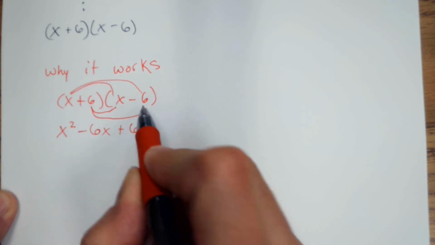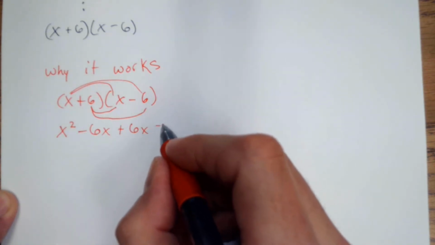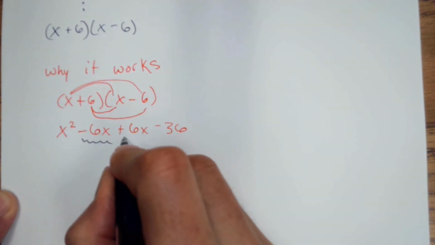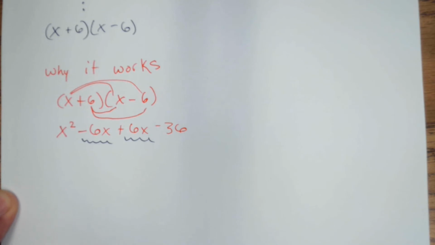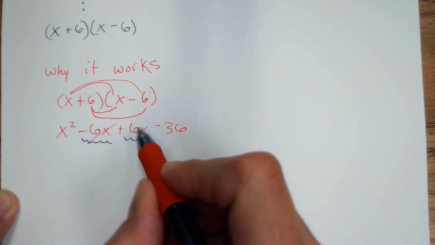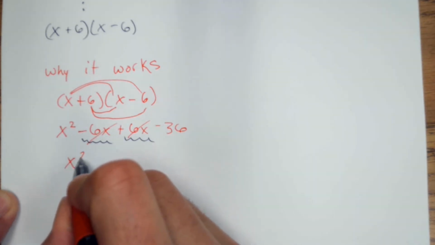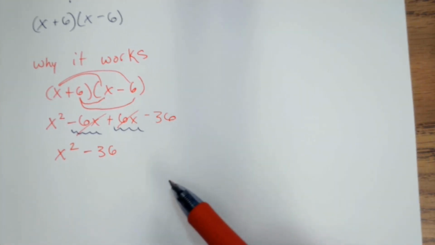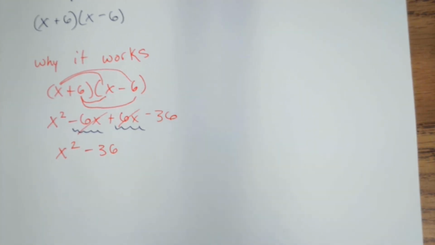And then 6 times negative 6 is negative 36. So what happens is those cancel out to 0. So we get x squared minus 36. This pattern always happens.